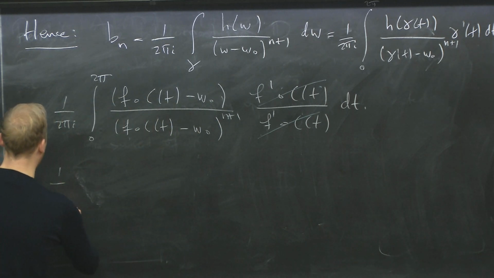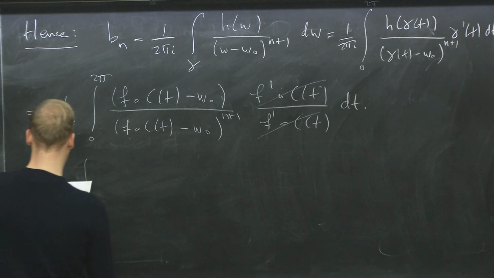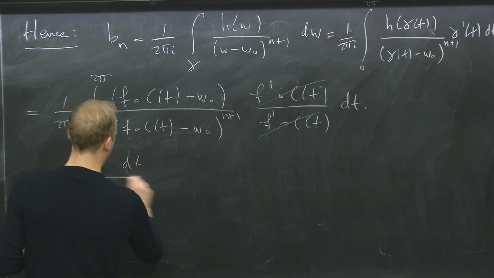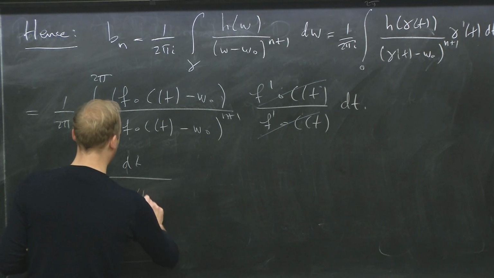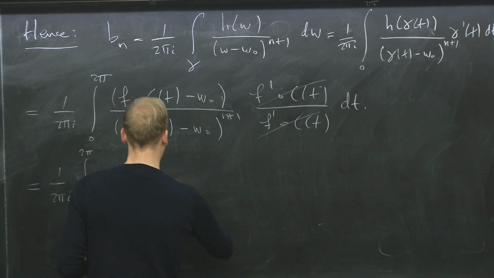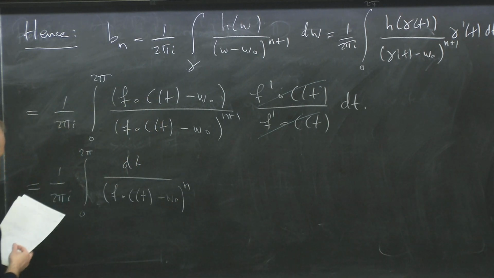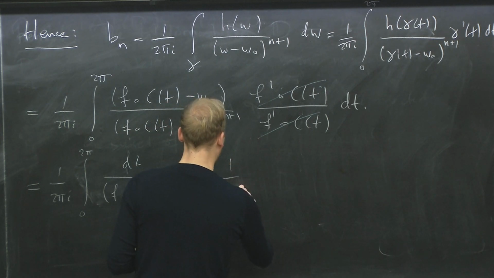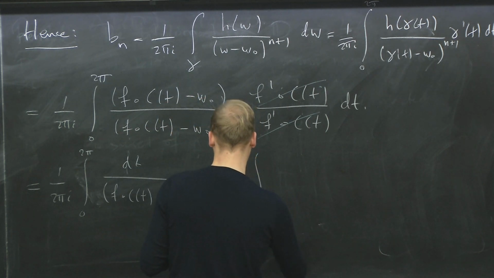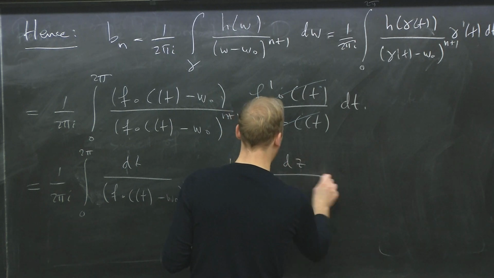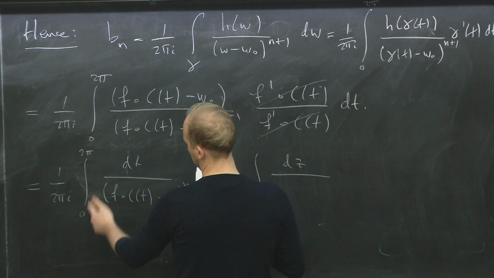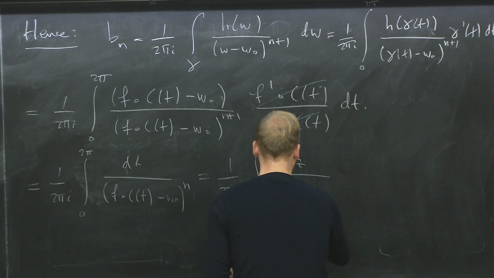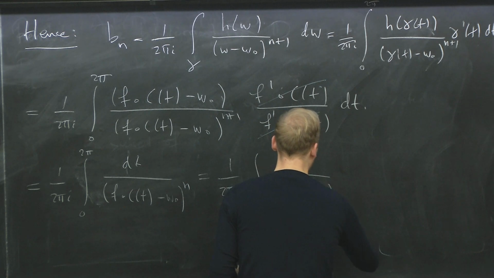So this is equal to 1 over 2 pi i, the integral from 0 to 2 pi of h of c of t divided by f of c of t minus w0 to the n, which another way of writing would be to integrate over c, the disk. Because from 0 to 2 pi, what I'm doing is going around the disk, so the integral of h of z over f of z minus w0 to the n.